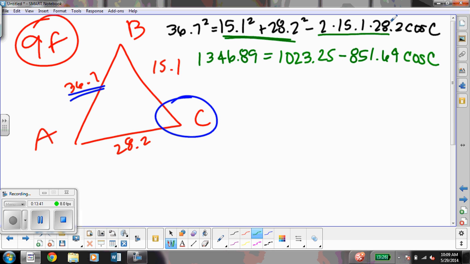Now I'll move the 1,023.25 over to get 323.64.